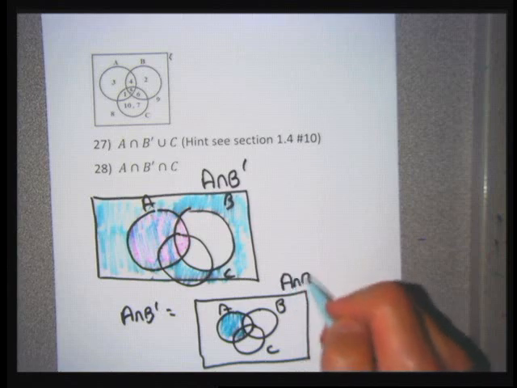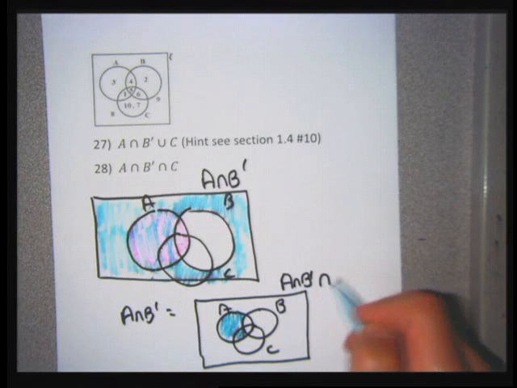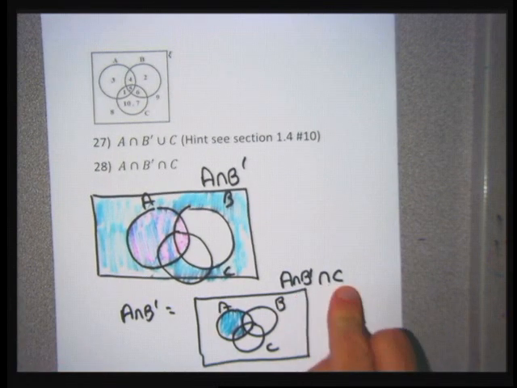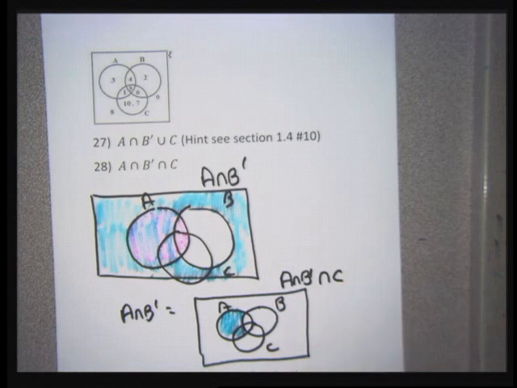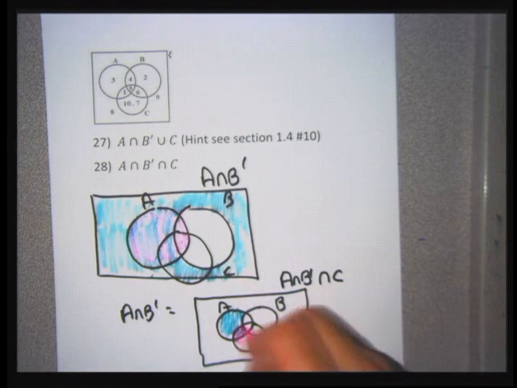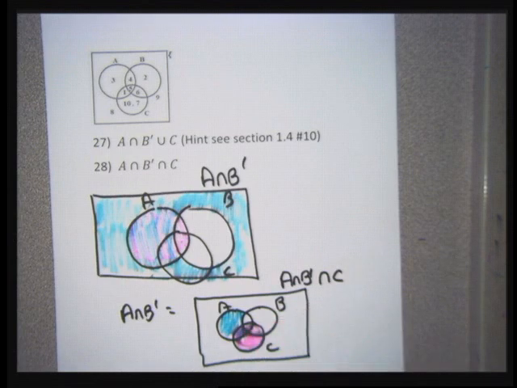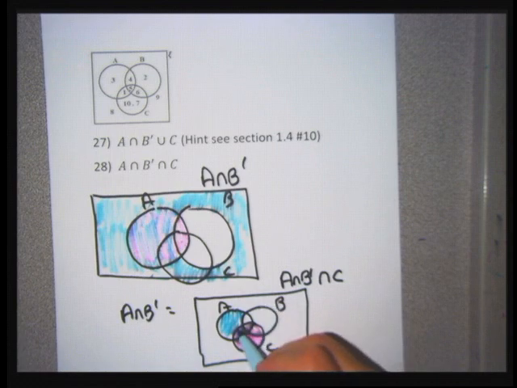It's not done because now I need to intersect C with this. So what I'm going to do is to my A intersection B prime drawing, I'm going to add C. I'm going to add it in a different color because when you're intersecting, you look for where we have both colors. So I'm going to add the picture of C to this drawing, and now I'm going to look where both shadings exist, and where I have the two shadings is this little region right there.